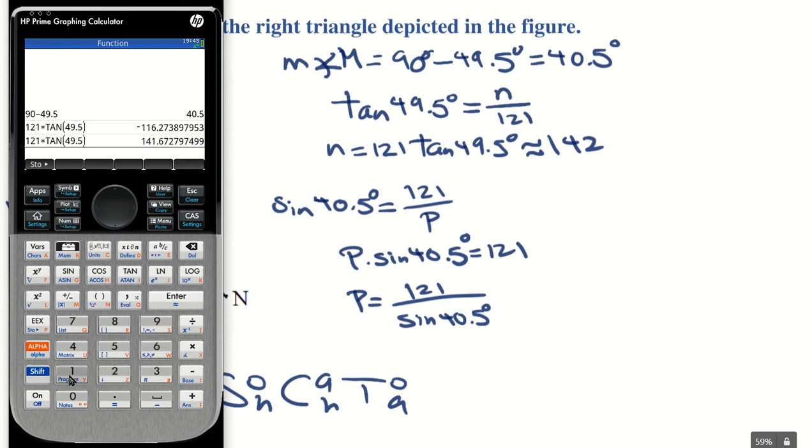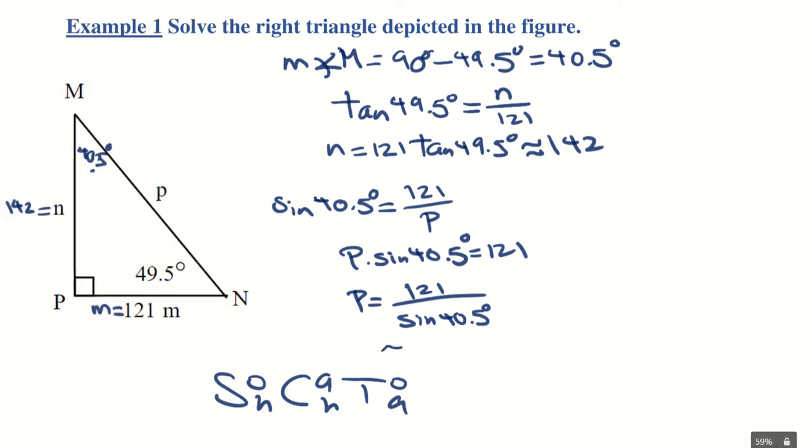All right, so 121 divided by sine of 40.5 degrees, and we get 186.3. If we're going to go with the same number of significant digits, we'll round this to 186, right? So we get approximately 186.